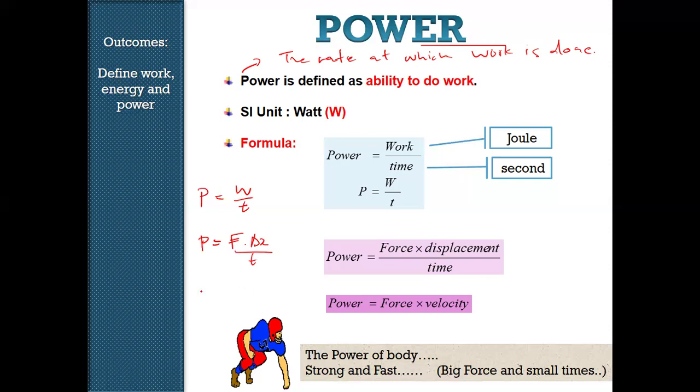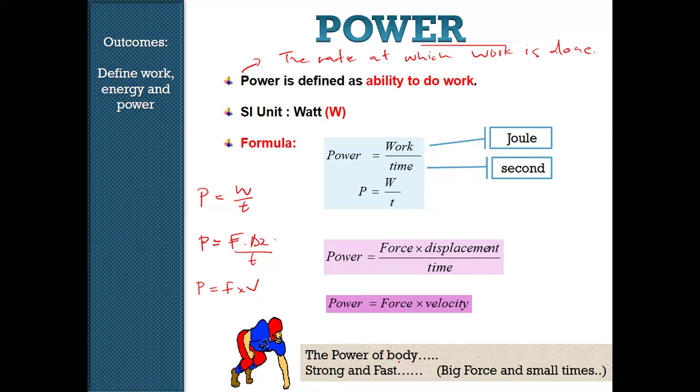Displacement is in meters, and time is in seconds. So when you divide the displacement by time, what do we get? We get the velocity. That means power can be the same as force multiplied by velocity.